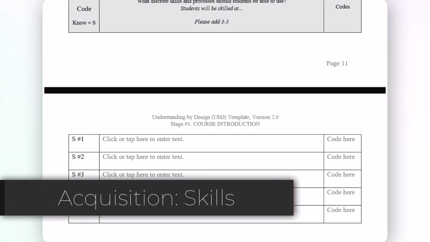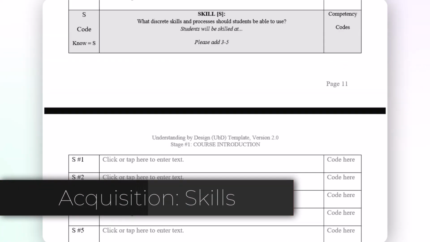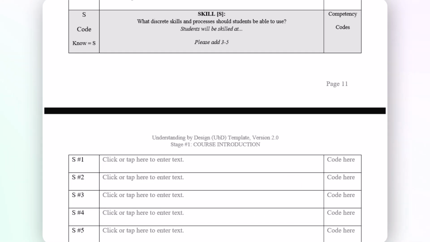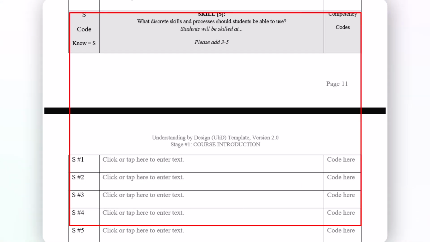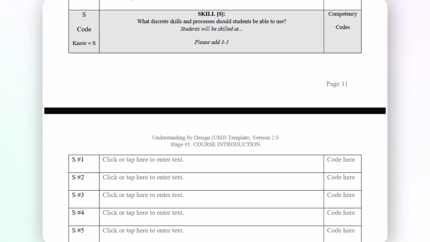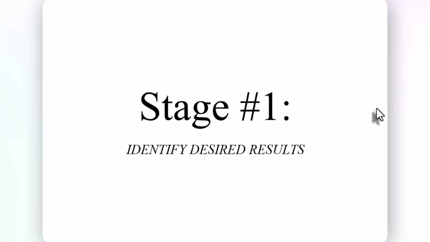Skills are the specific abilities and processes students should demonstrate, such as applying methods, analyzing data, interpreting results, or using tools effectively. These elements form the foundation for measurable learning outcomes and guide the creation of aligned assessments in later sections.